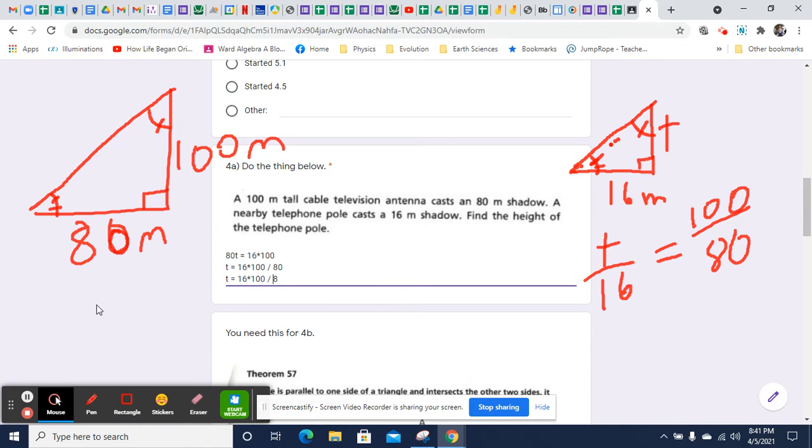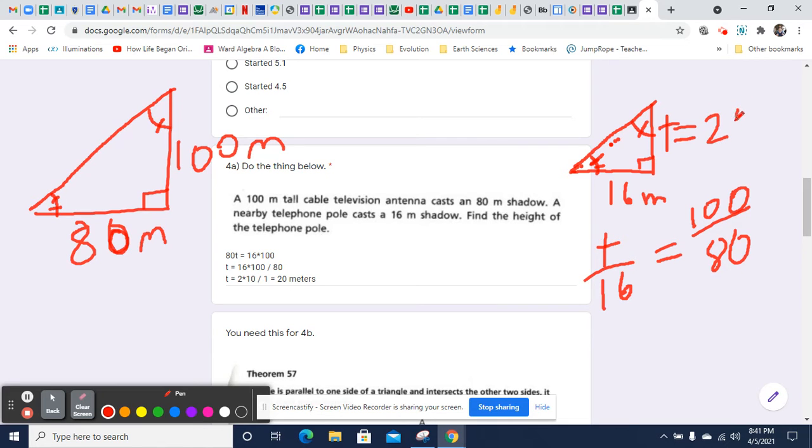We can factor a 0 out of here and a 10 out of there, and an 8 out of the 8 and an 8 out of the 16, and we're left with 2 times 10 all over 1, which is going to equal 20 meters. So the telephone pole is going to be 20 meters tall.